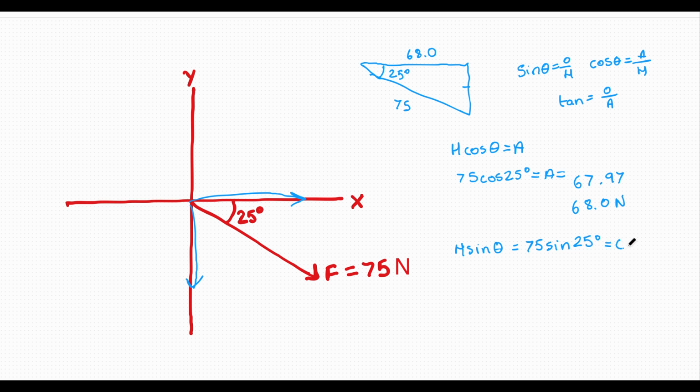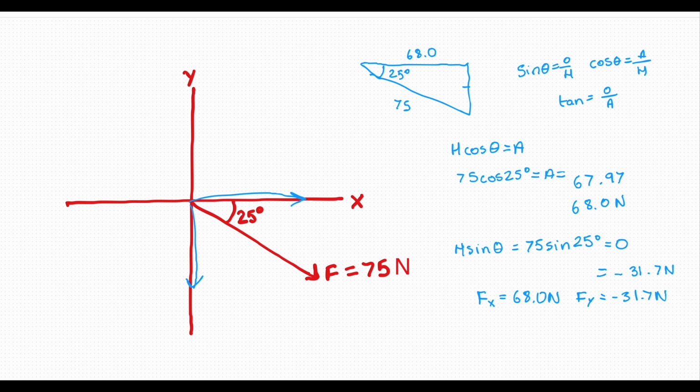That should give us the opposite, which equals 31.7 newtons. But if we look at the context, this would be going down. So this should actually be negative. All right. So in the x direction, it would be 68.0 newtons, and in the y direction, it would be negative 31.7 newtons.